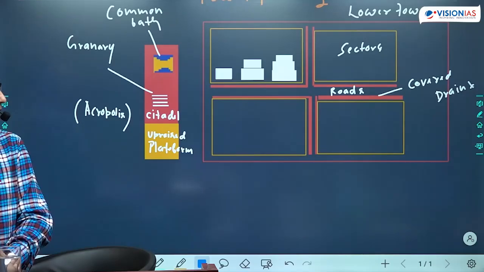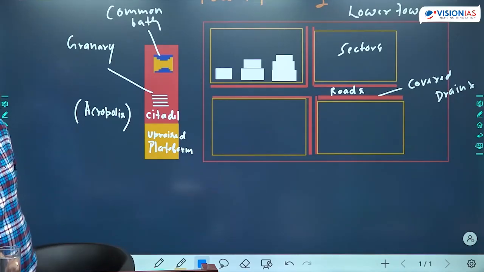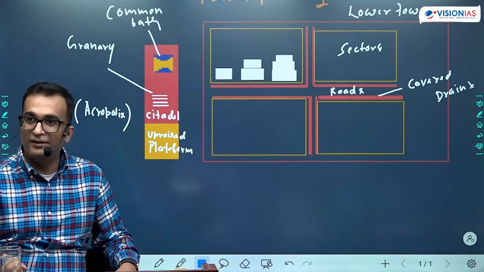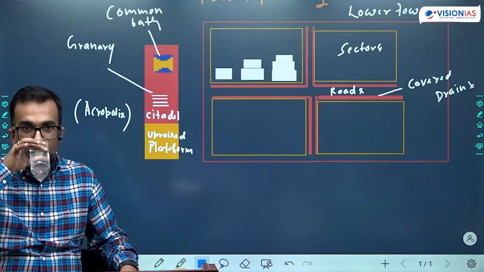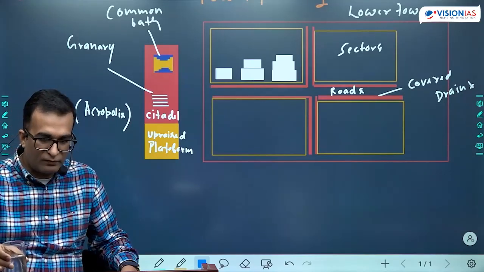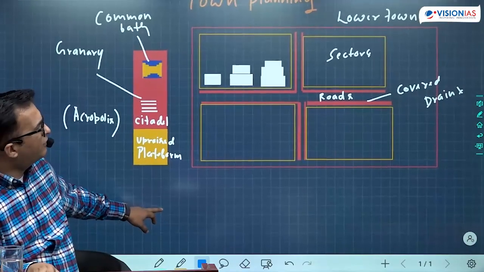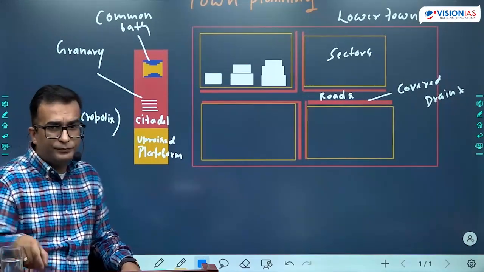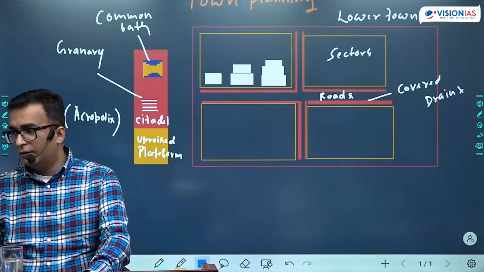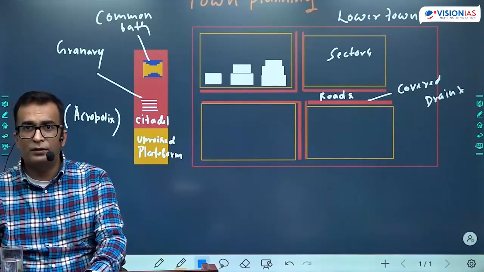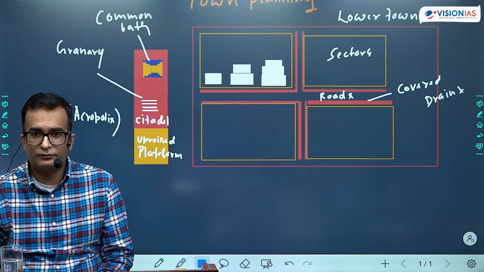Done? I'm not erasing it, but I'm going into the discussion of this part. Done.